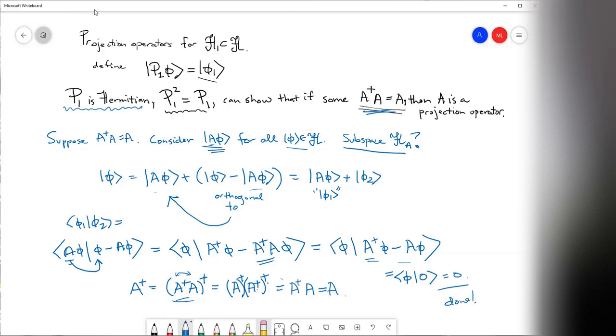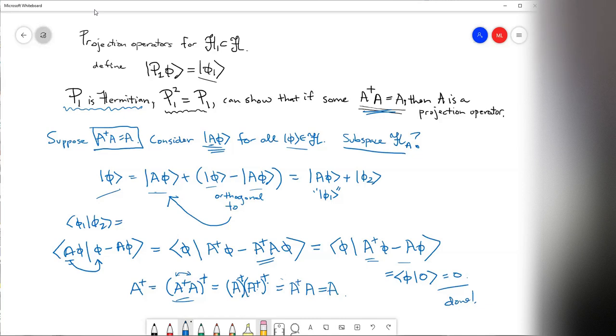Now we've shown that the decomposition, if you take any operator satisfying this condition, is a unique one, right? You decompose this thing into two orthogonal vectors.